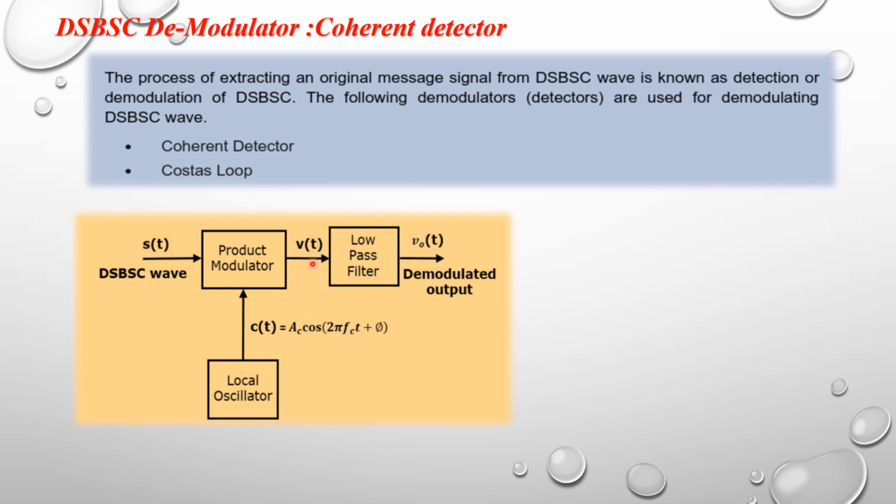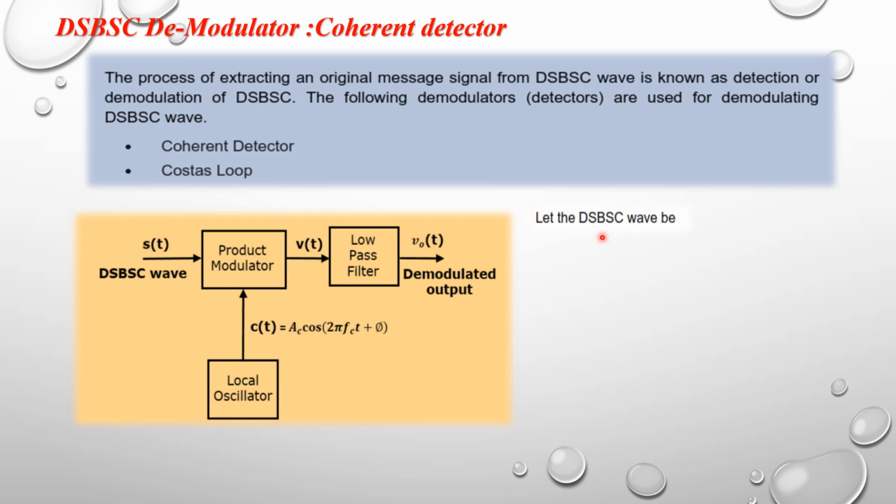The output of the product modulator is connected to the low pass filter. We know that a low pass filter passes the lower frequencies and eliminates the higher frequencies. The output of the low pass filter, vo(t), is exactly equal to the message signal or information signal.